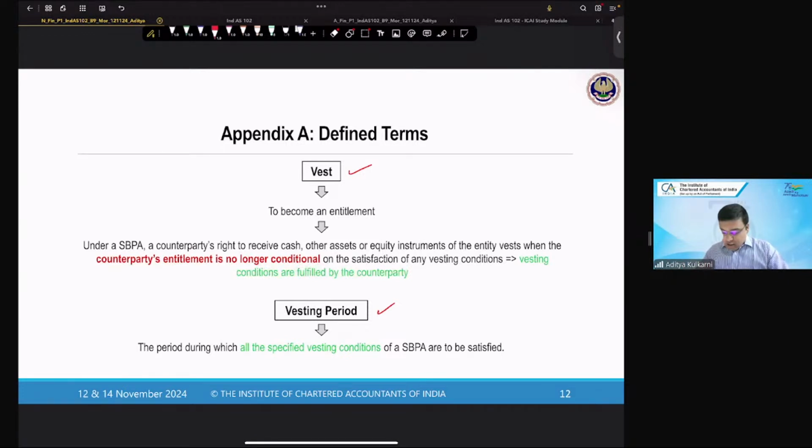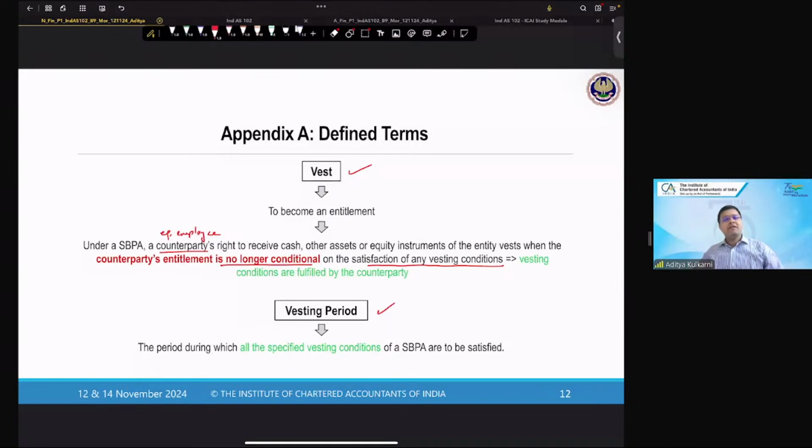So under a share-based payment arrangement, a counterparty in our example could mean employee. The right to receive cash, other assets, or equity instruments of the entity vests when the counterparty's entitlement is no longer conditional on the satisfaction of any vesting conditions.